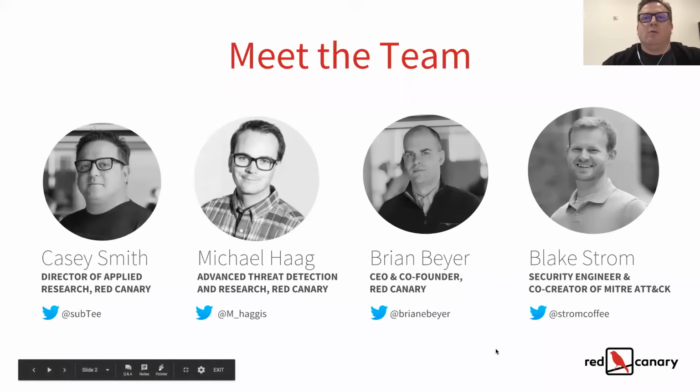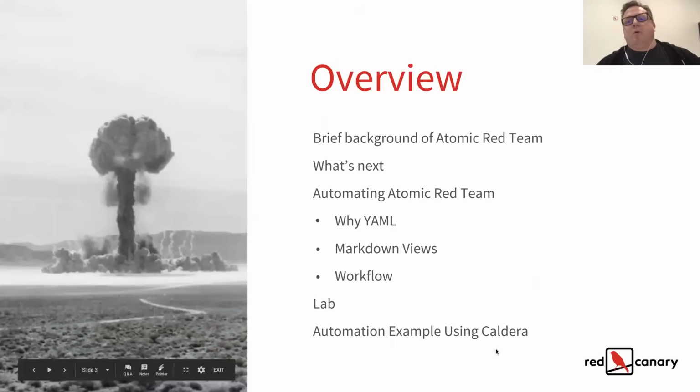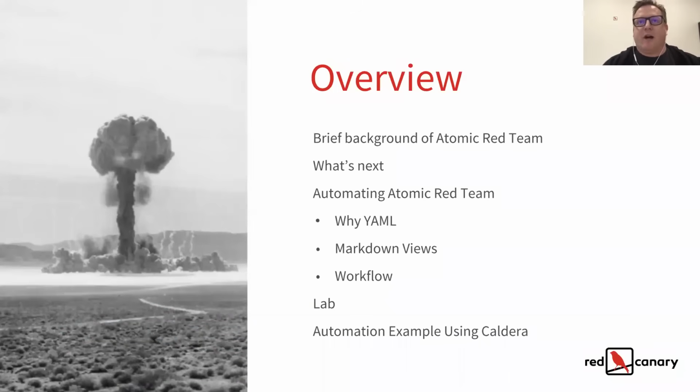Okay, so let me go over what we're going to cover. We're going to briefly make sure everybody's up to speed on what Atomic Red Team is, and how it ties into the work that Blake and his team are doing with MITRE ATT&CK. We've made quite a few changes with Atomic Red Team as far as structure and layout. We want to cover what those changes are, why we are working with YAML, and how to generate the Markdown that a lot of you may be used to.